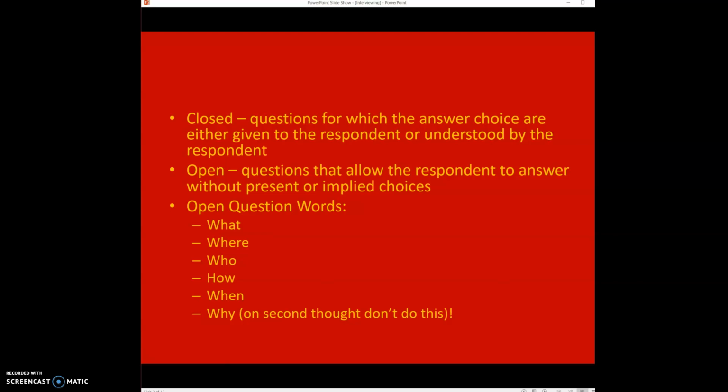I'm not big on using that word because when you ask a person why they did something or why they feel a certain way, what that does is it causes them to get defensive. They feel like they're going to have to defend their position or defend why they feel a certain way about something.